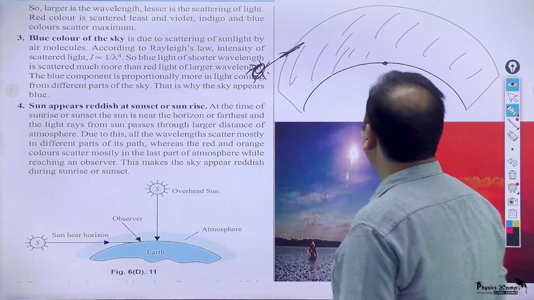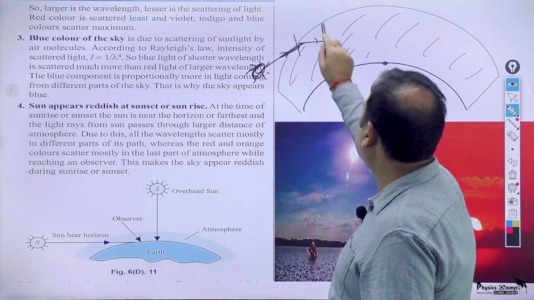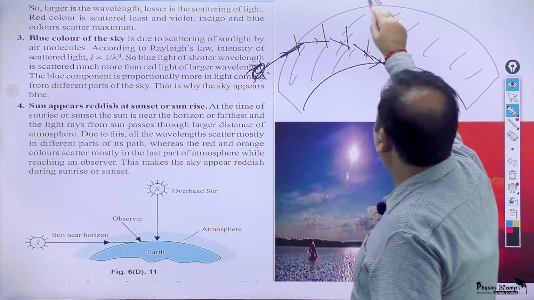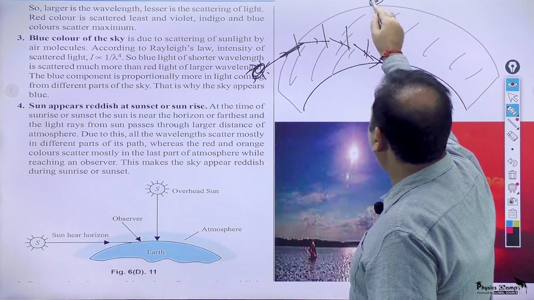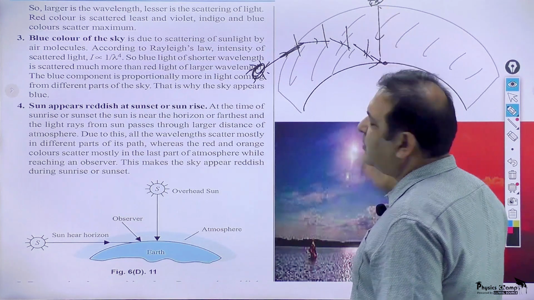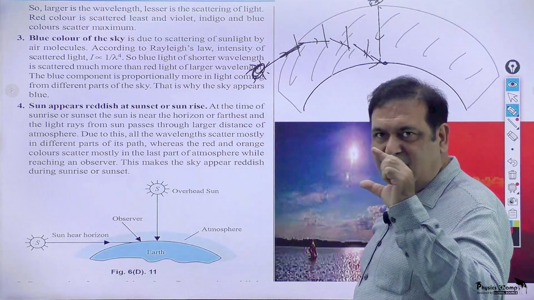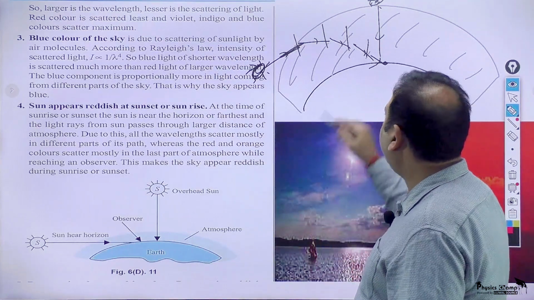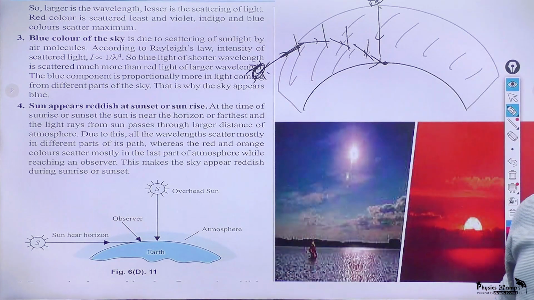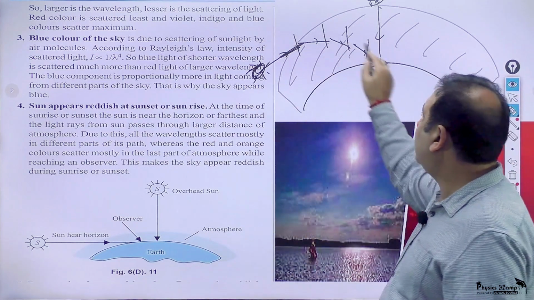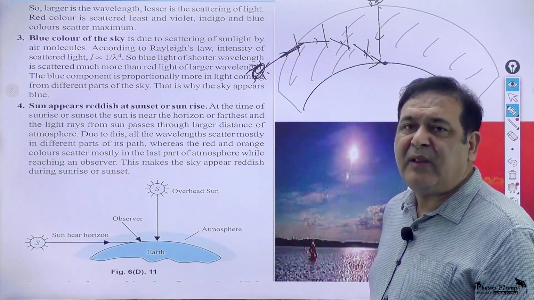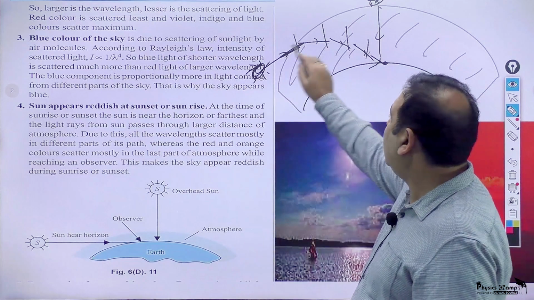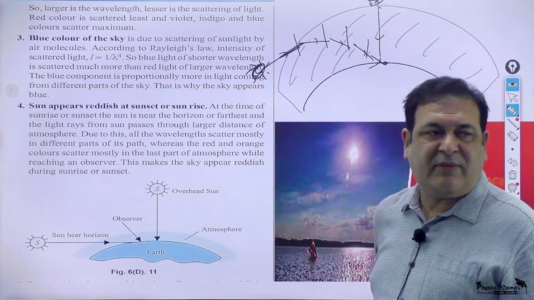So it suffers first refraction, then it suffers like this, and then it travels, and this is how it travels. During the daytime, the sunlight comes straight. It travels through less thick atmosphere to reach you. But at the time of sunset or sunrise, the sun rays which are reaching you are traveling through a very thick part of the atmosphere, and they have been constantly refracted through different layers.